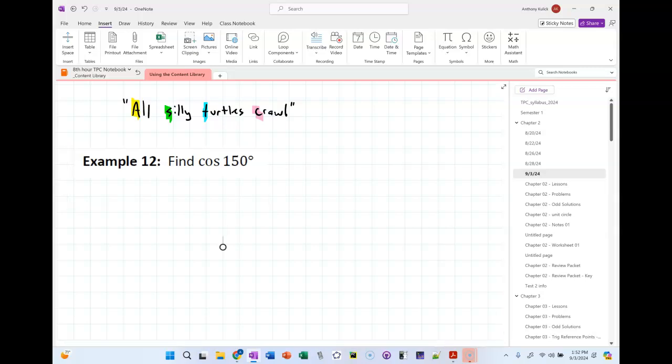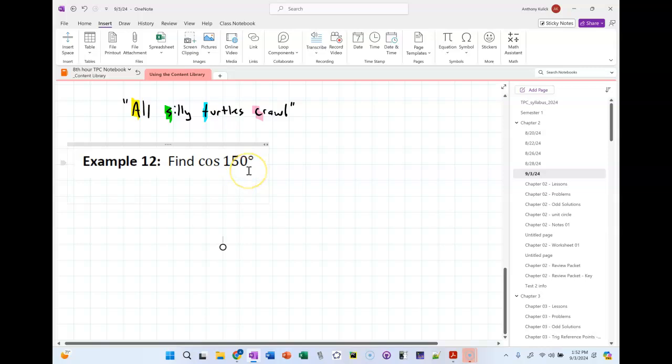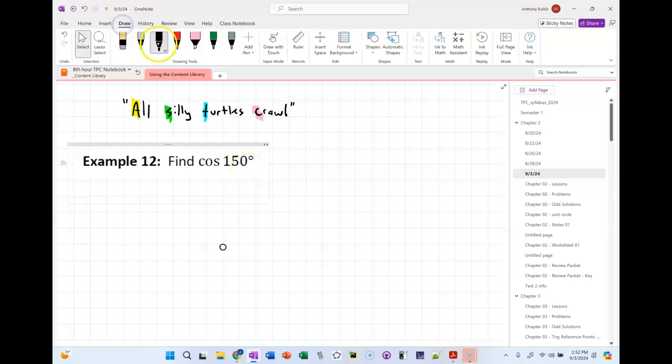Let's do another example, now that we took that little digression to talk about positives and negatives. The next example says find the cosine of 150. Can we do that using SOHCAHTOA? No, because you can't have a right triangle with a 150-degree angle in it.